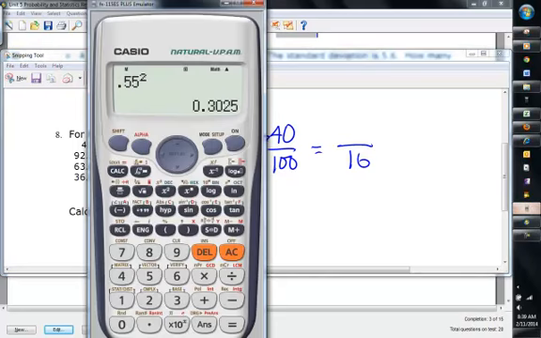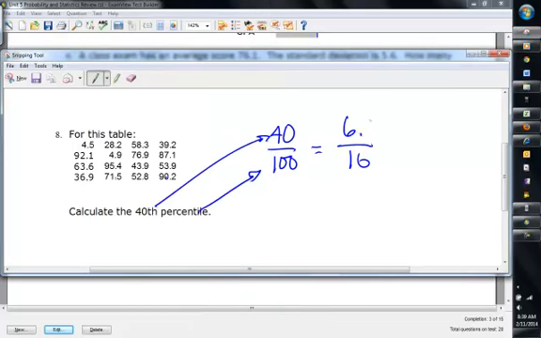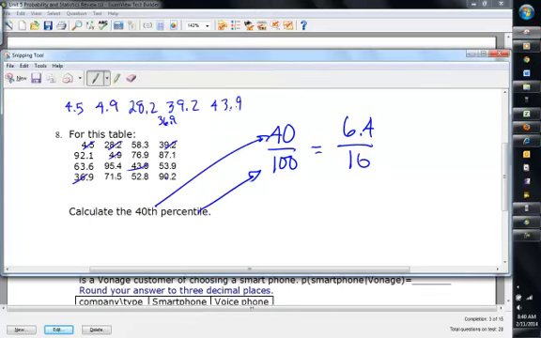If we cross multiply and divide, 40 times 16 divided by 100, we get 32 over 5, which is 6.4. So since we want the 6.4th one, this is the 6th, this is the 7th, we have to go with the higher one of those two. Next.